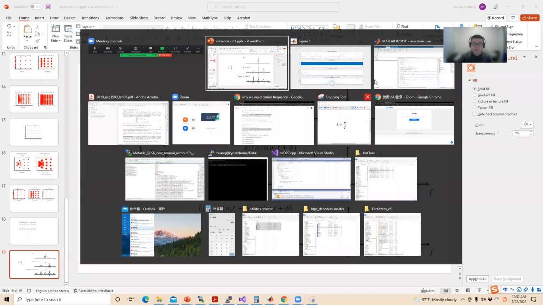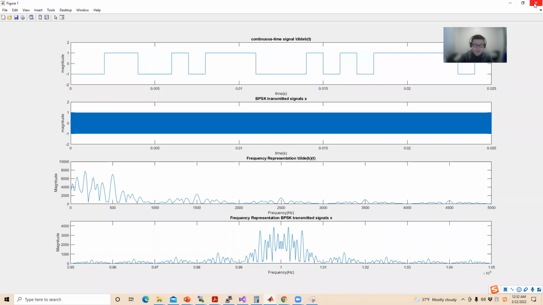So what I want to say next, according to what I have explained, for the BPSK modulated case, after multiplying the cosine function, the baseband signal should be shifted to the left and to the right by FC.